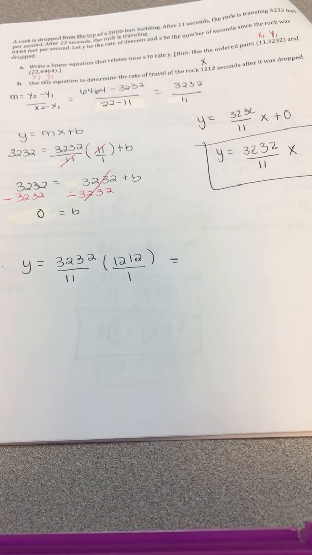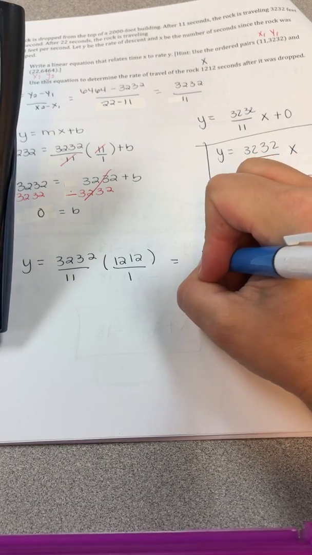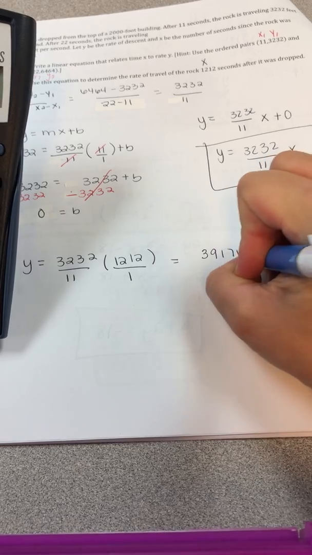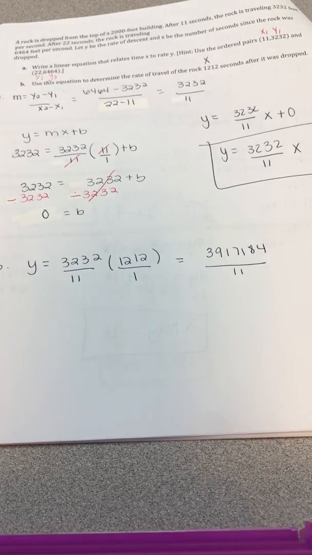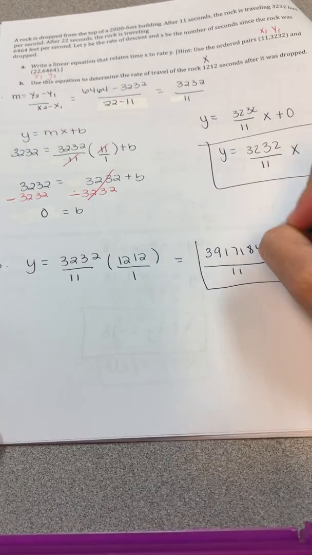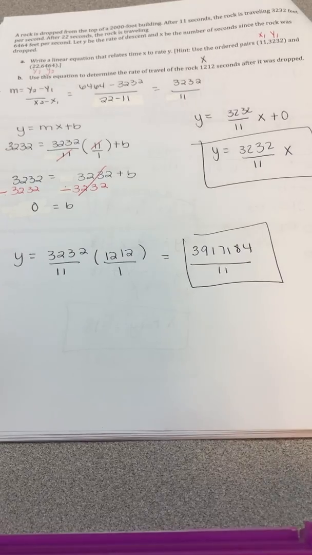So 3232 times 1212 will give us 3,917,184 all over 11, which cannot be simplified, so that's our final answer.